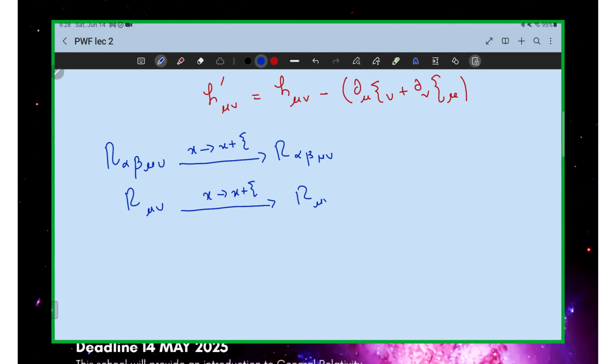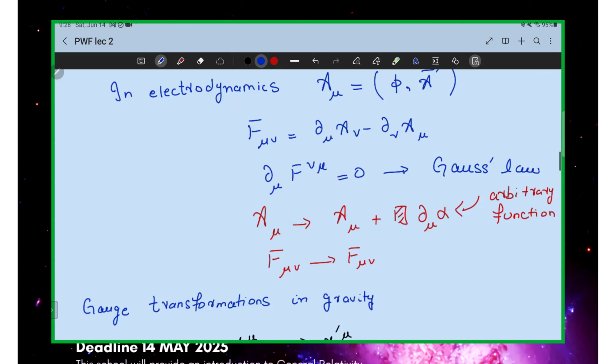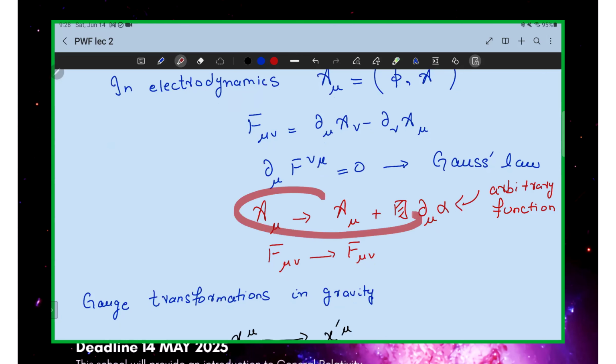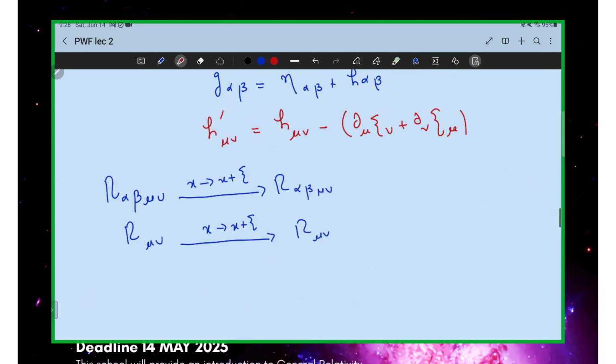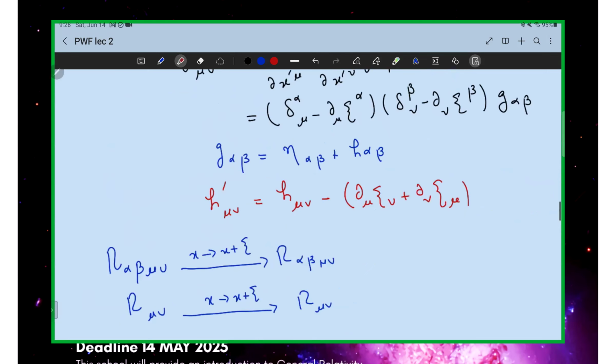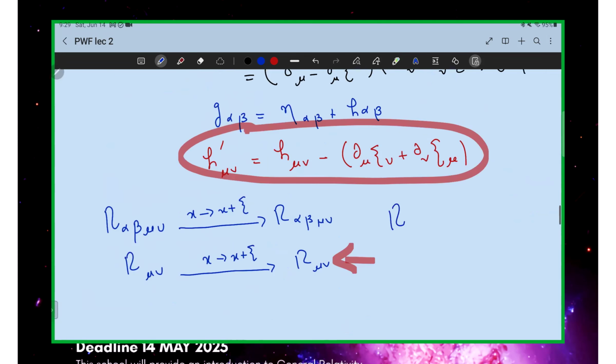So just like electromagnetism, the field that you had here, which is A mu, changes, but the equations of motion don't change. So that's why you had a gauge symmetry. Similarly, here, the metric tensor changes, but the things that appear in the equations of motion, which is the Ricci tensor, not the Riemann tensor, and of course you can also show that R also is invariant.